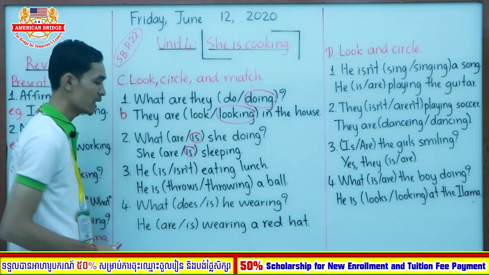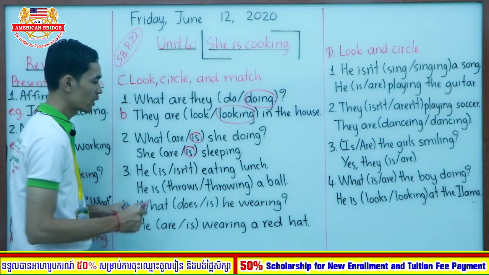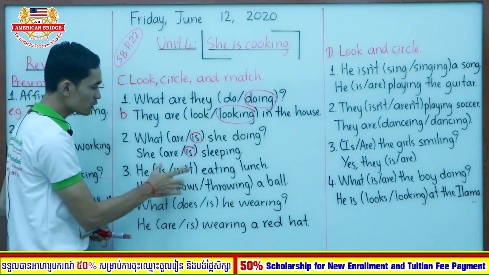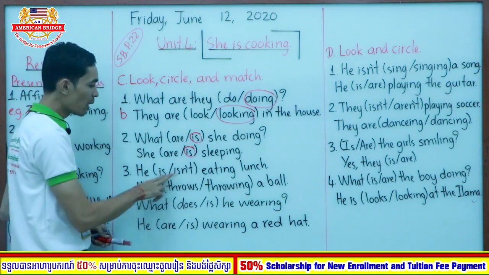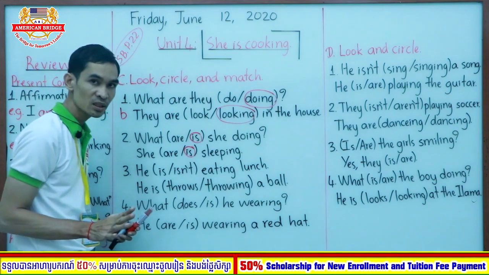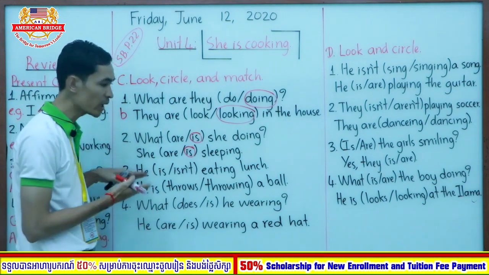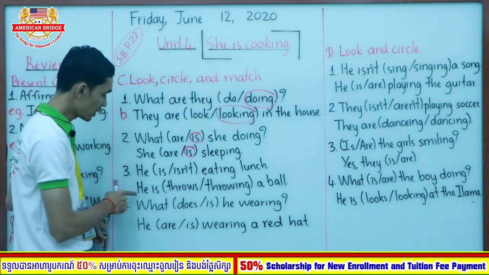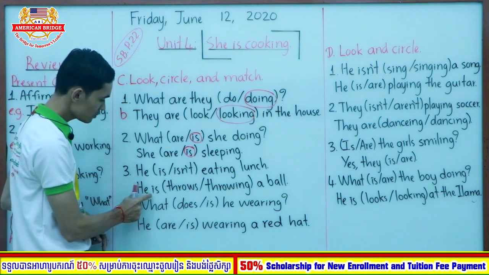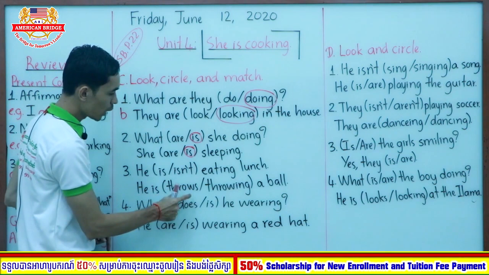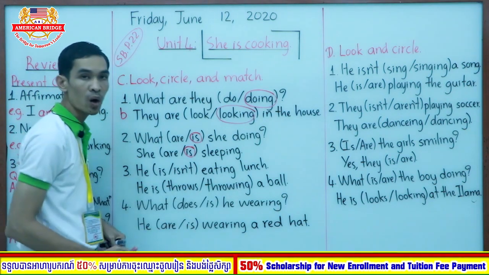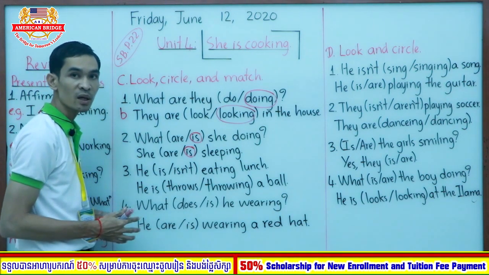He is or he isn't eating lunch. Okay, you want to choose the correct answer. Both are correct, right? Yeah, but correct answer to the context, to the meaning here. So you can look at the sentence first. He throws or he is throwing a ball.